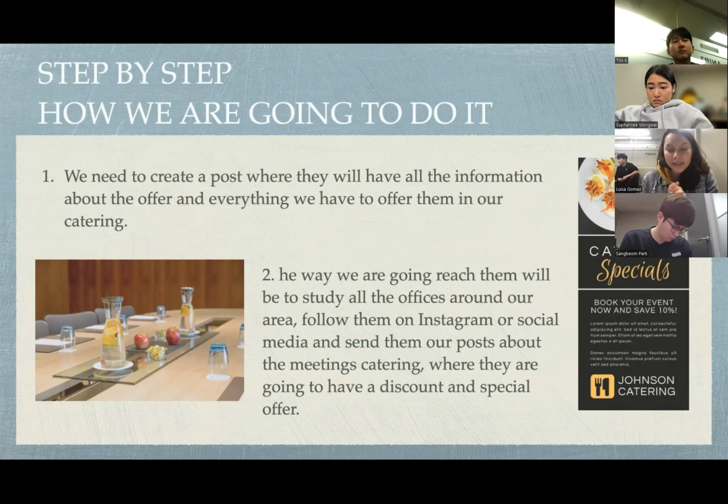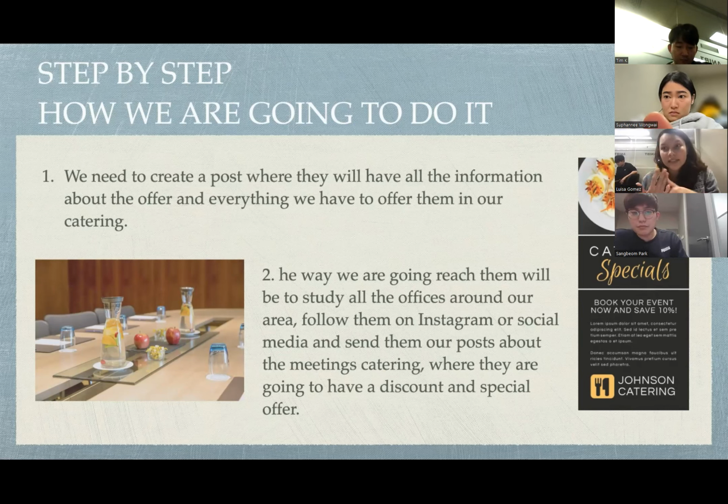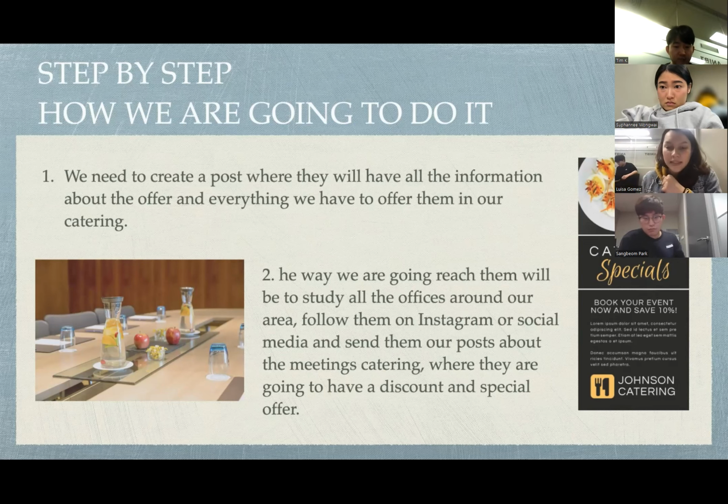The second step is that we are going to reach them. We'll study all the offices around. We are going to look at what offices and businesses we have around, and we are going to reach them through Instagram and their social media, and share our post with all the information.